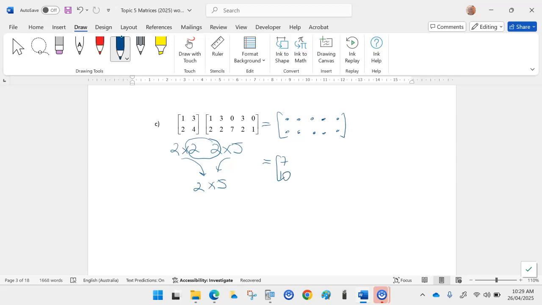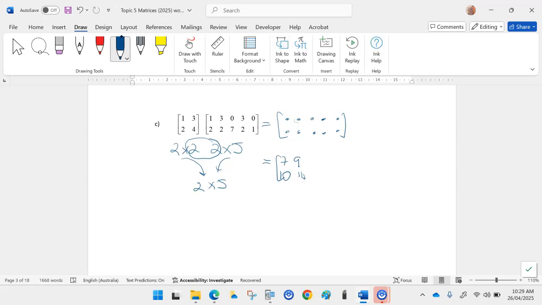Okay, up to the next one. So trying to find now the first row, second column. First row, second column would be 1 by 3 plus 3 by 2, which is 9. Okay, finding the second row, second column. Second row, second column would be 2 by 3, which is 6, plus 2 by 4, which is 8. 6 and 8 is 14.